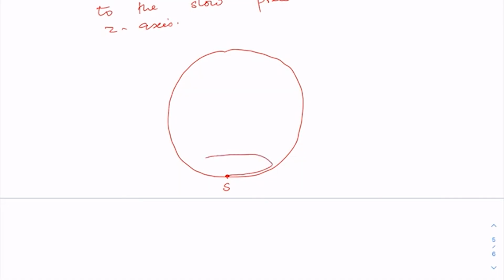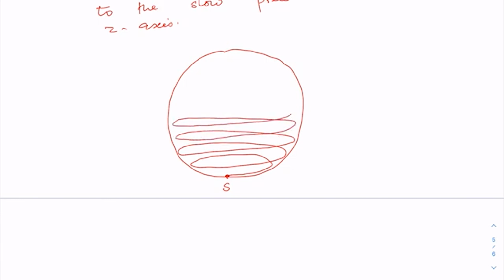So overall, the whole dynamics in the lab frame will look like this. Suppose we start in the ground state, that means from the south pole of the Bloch sphere. Then there is a very fast rotation in the xy plane, and the Bloch vector goes in the upward direction very slowly.